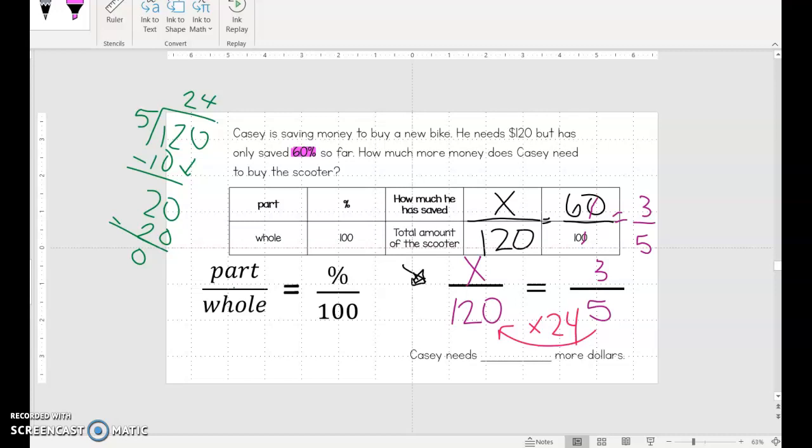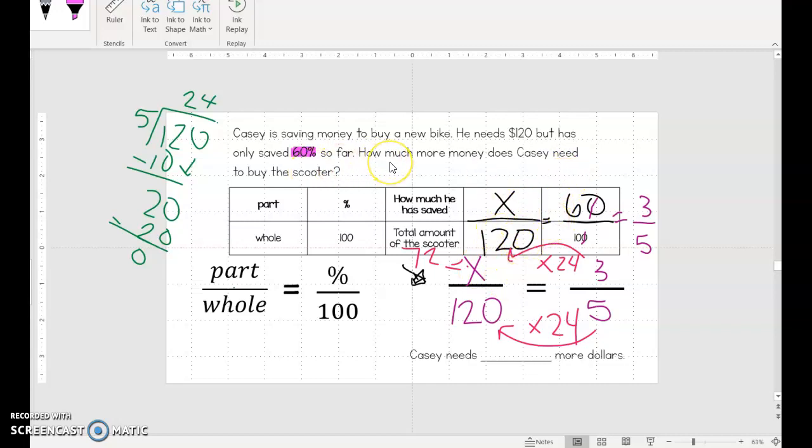Whatever I do to the bottom, I have to do to the top. So 3 times 24. There's 24 hours in a day, and 3 days is 72 hours. Or 72. Okay, so then how much more money does Casey need to buy the scooter? Because remember, what we just found is 60% of the $120.